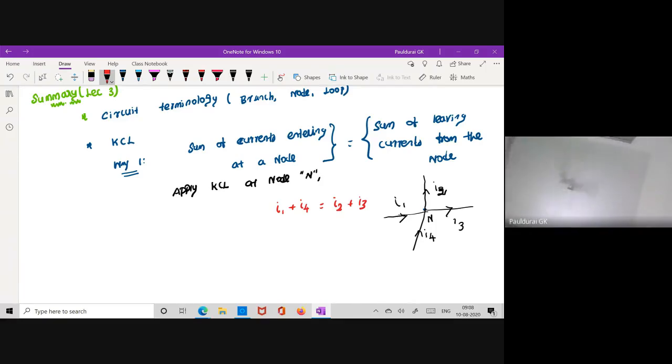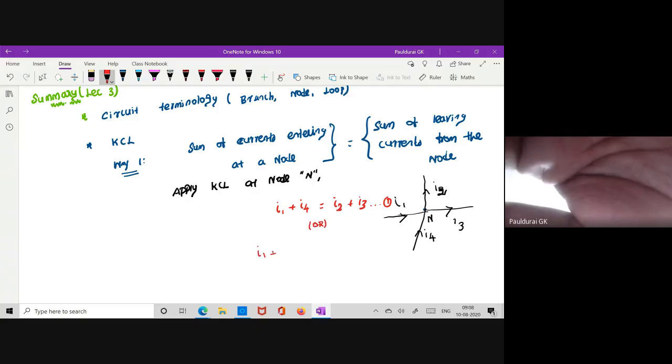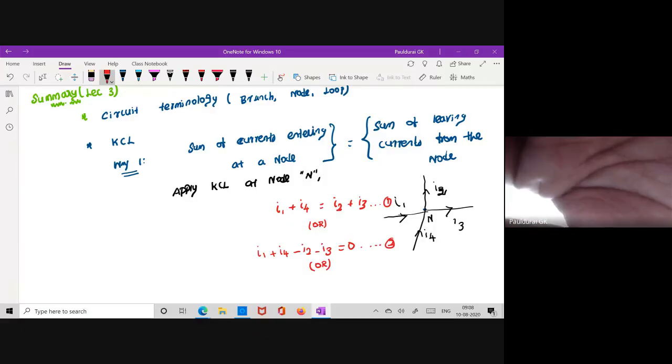Okay, so this is one way. In another way, take this equation 1. Otherwise, this can be written as I1 plus I4 minus I2 minus I3 equal to 0. Take equation number 2. Otherwise, bring all left hand side terms to the right hand side.